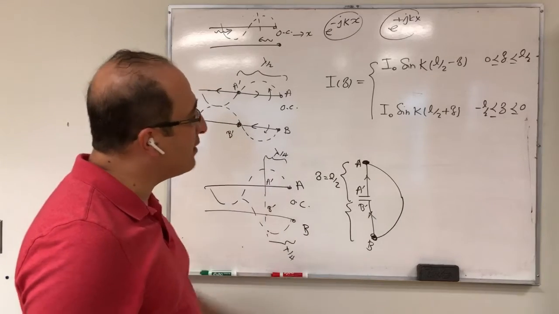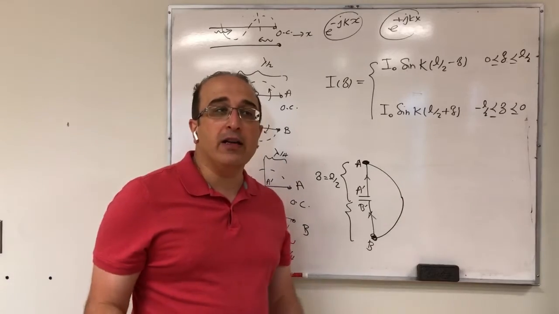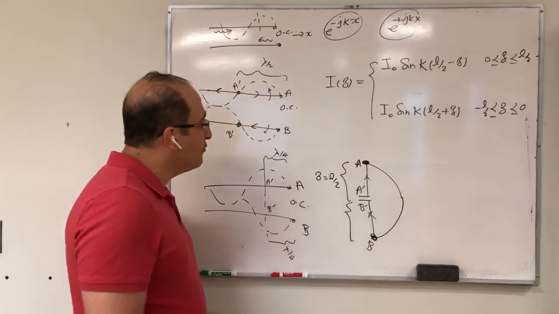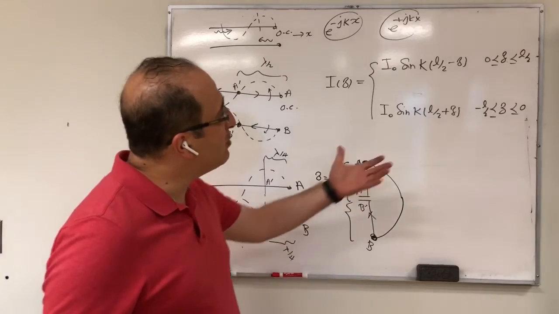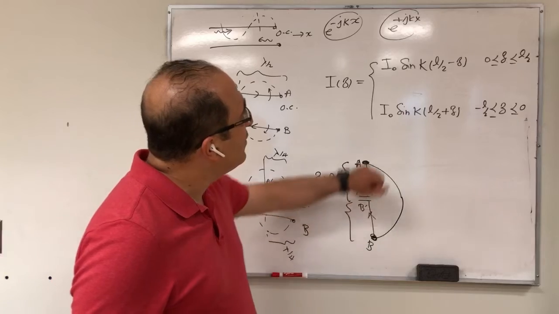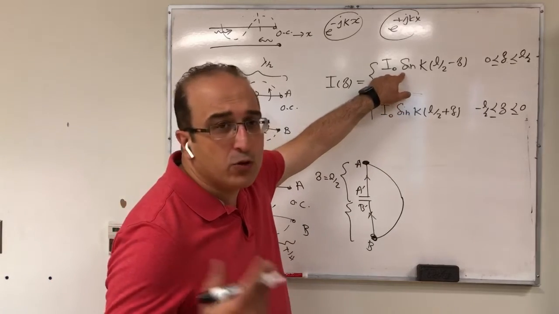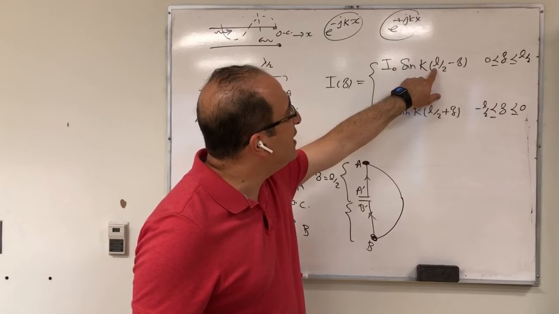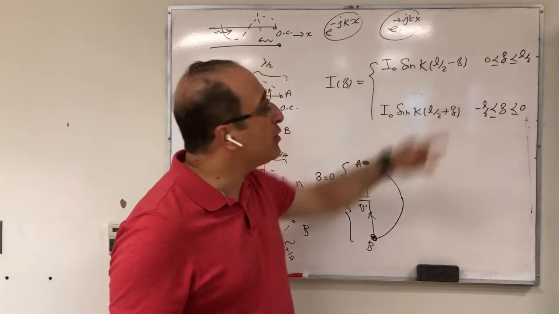So that's the current that we have, and now I need to go and find the magnetic vector potential for the general case. That would be my general current distribution. And by the way, you can turn that into a triangular current distribution by assuming that L is very small compared to wavelengths.